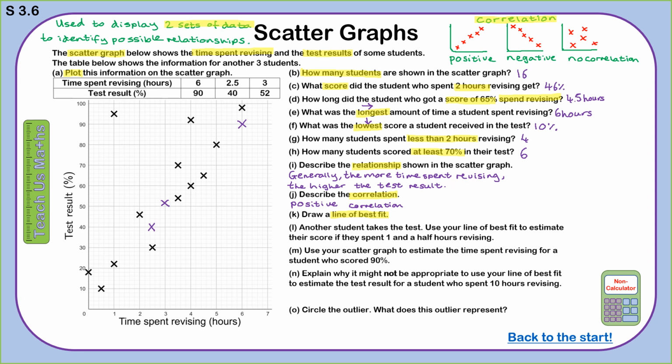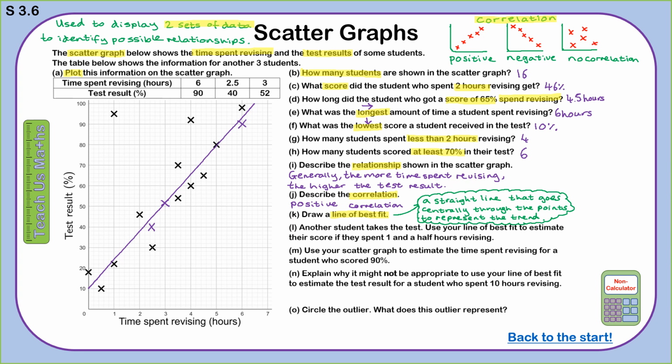Overall, it should be a sensible representation of the trend and steepness of the plotted points. So something a bit like that. Notice I haven't forced my line to go through the origin. And although my line does go through two of the points, that just happened naturally. I didn't force it to do that.